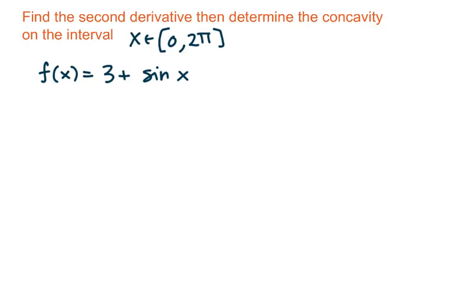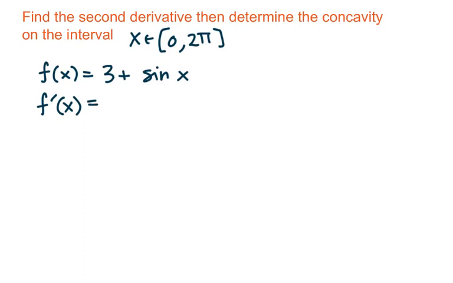So now we're going to determine the second derivative and then also the concavity on this interval when x is from 0 to 2 pi. So even though we've talked about the first derivative and the ordered pair, graphing it, increasing and decreasing, we're just going to focus on concavity here, okay? So in order to determine concavity, we need the second derivative.